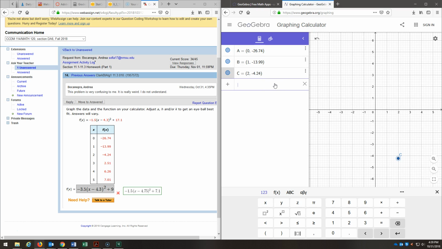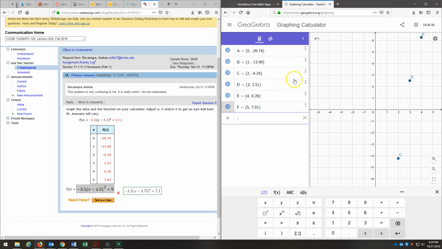And then we have 3, comma 2.51, and then we have 4, comma 6.26, and then the last one, 5, comma 7.01.